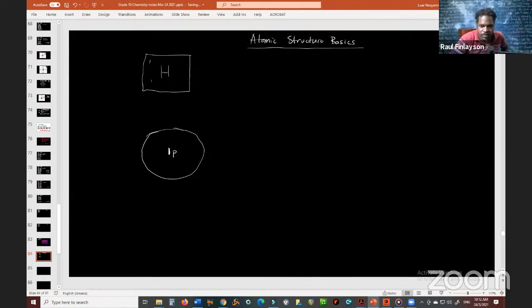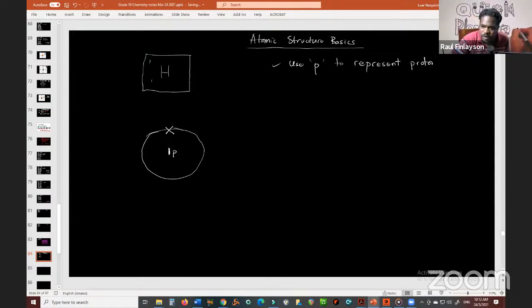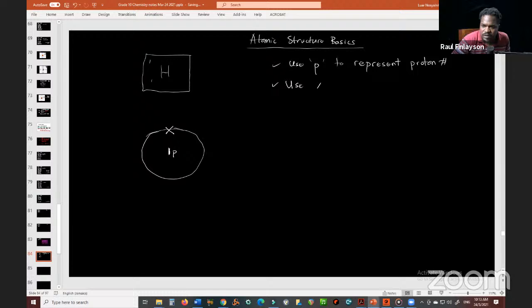So here we are now. This is the instruction for how to draw the atomic structure in an exam situation. Use P to represent the number of protons, the proton number.